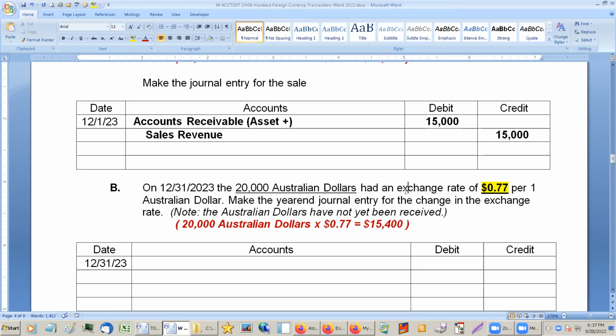Would you increase both the accounts receivable and the sales revenue by the difference of 400? Yes, you would, that's exactly right. Now, this accounts receivable has actually gone up by $400, just like you said.